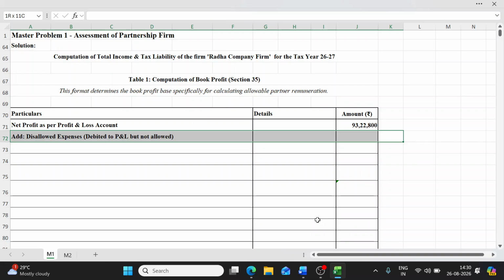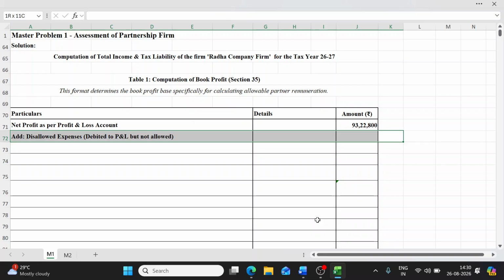For example, let's say the personal expenses of partners. Personal expenses of partners shouldn't be recorded as business expenses in the partnership's profit and loss account, because these are non-business expenses, and non-business expenses are disallowed expenses.